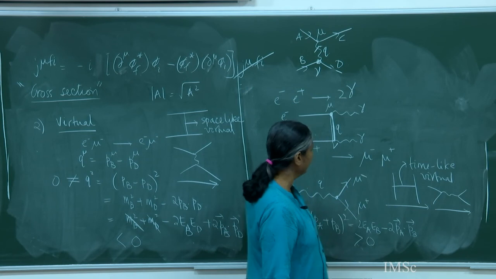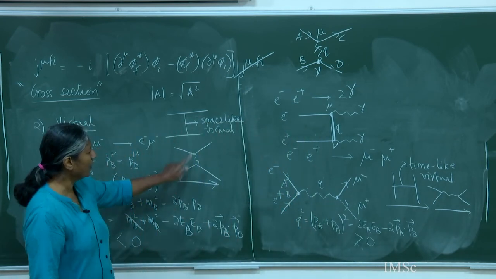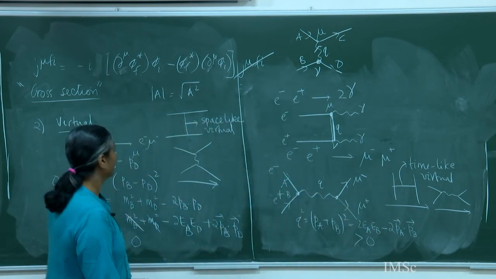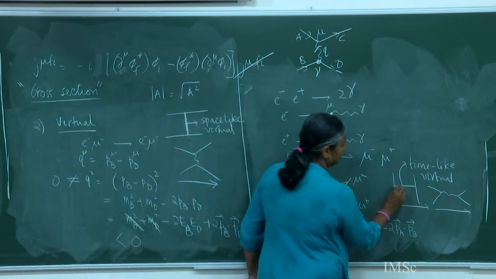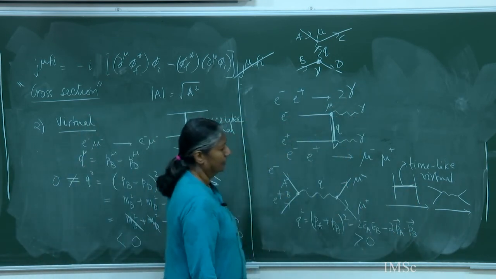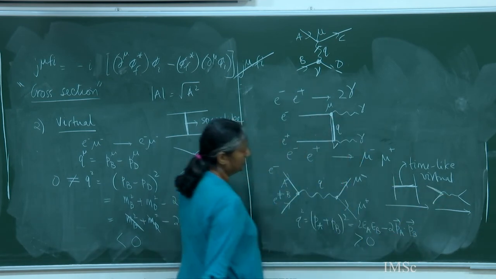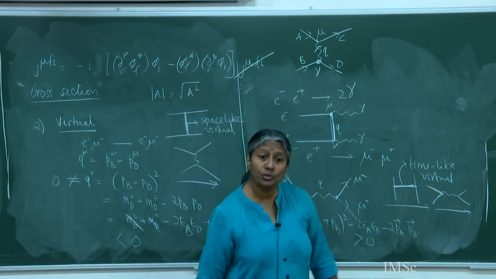I cannot draw it any other way, right? That's why I drew stick figures. You can see the difference between the two, right? Here the thing is like this, and here the thing is like this. That's all I want to show. If you want to decorate it by angling these, it's your choice. But basically, the vertical versus horizontal are differently virtual, but they are both virtual.